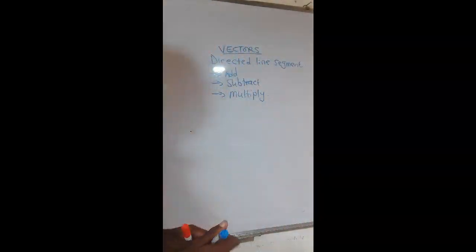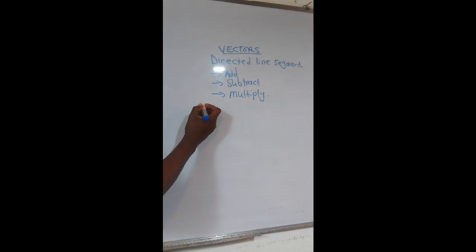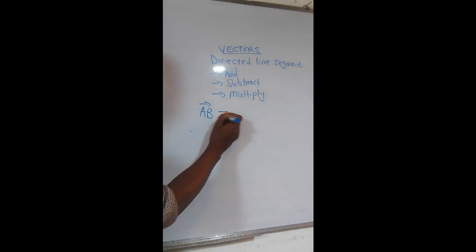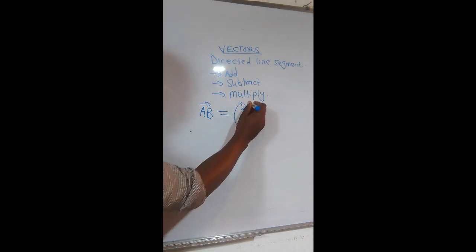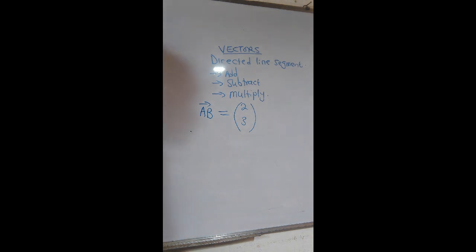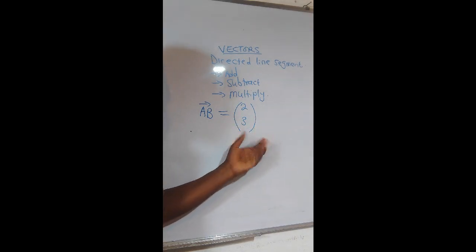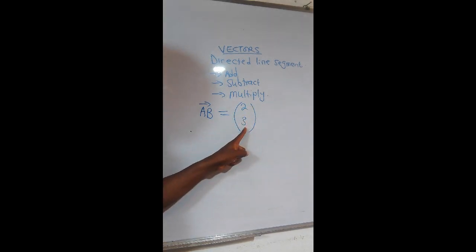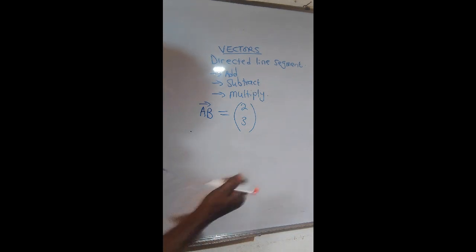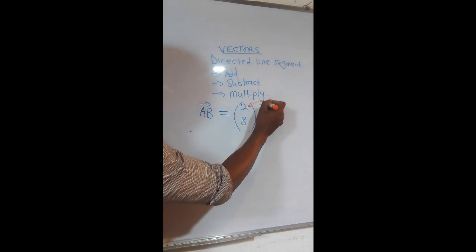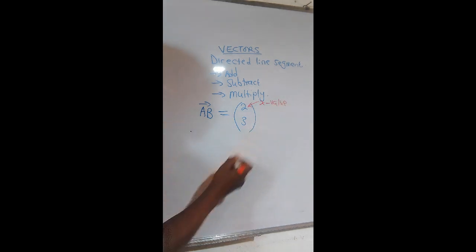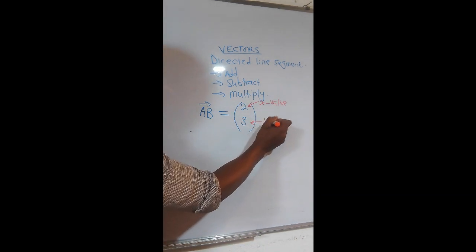Let's say you have this line AB and it is given as (2, 3). This is what we call a column vector, where the numbers inside are what we call the components. So 2 and 3. Normally this number is the X value and this is the Y value.